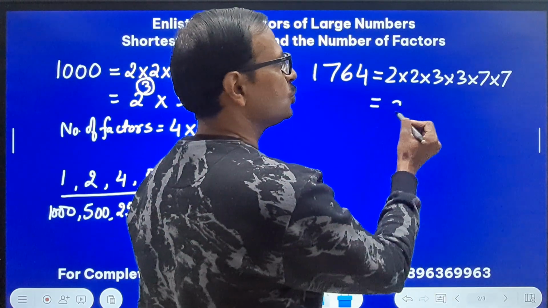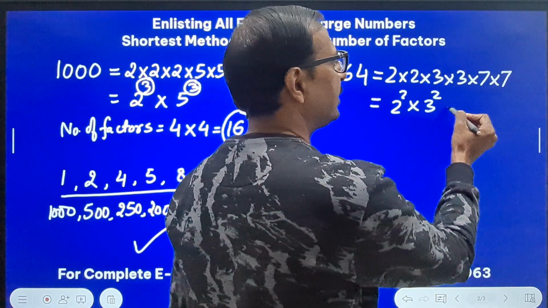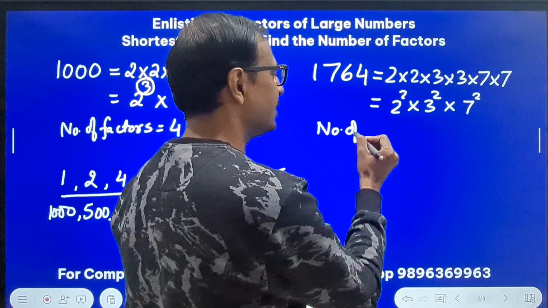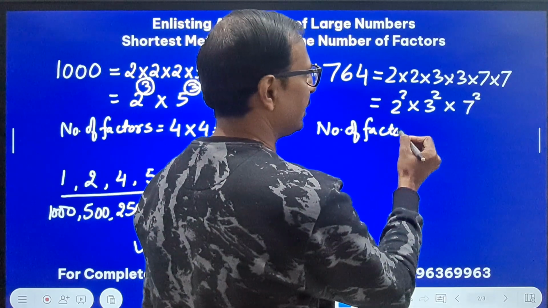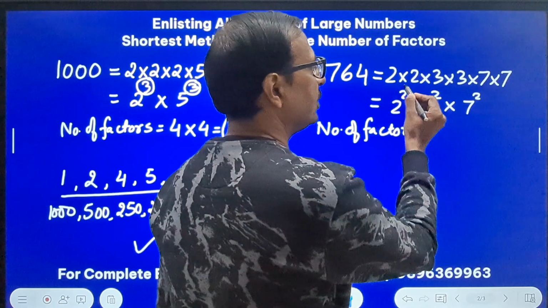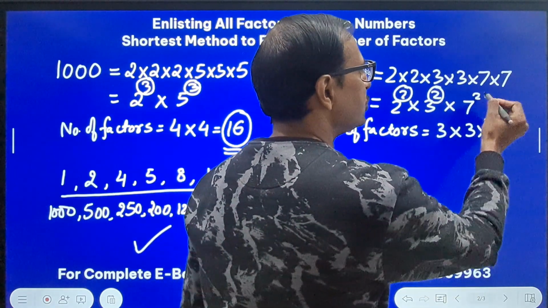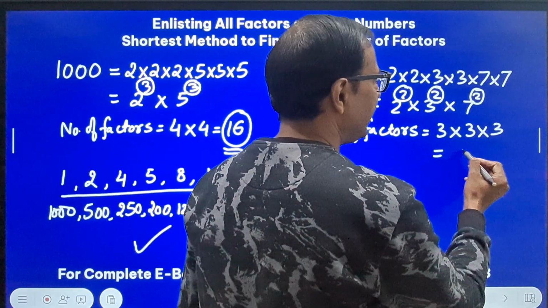So this is 2 square times 3 square times 7 square, and the number of factors of this big number 1764 are 2 plus 1 is 3, 2 plus 1 is 3, and 2 plus 1 is 3, which is 27 factors.